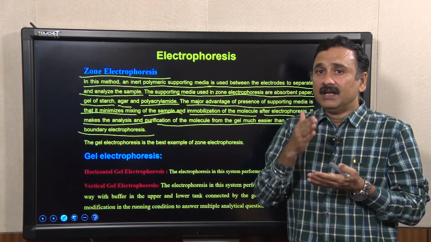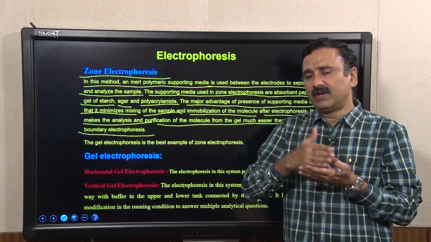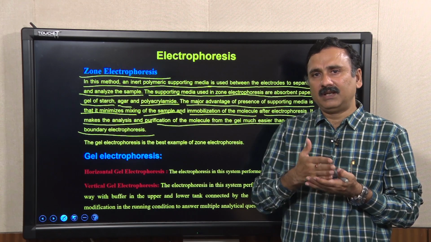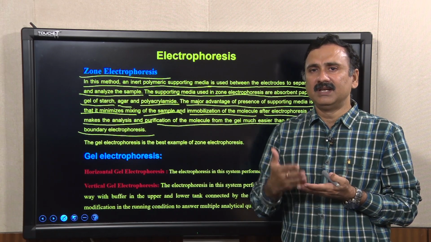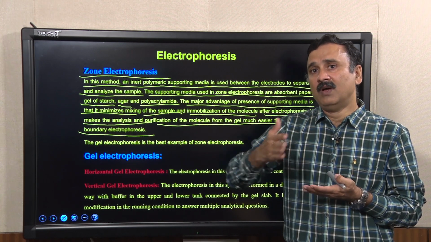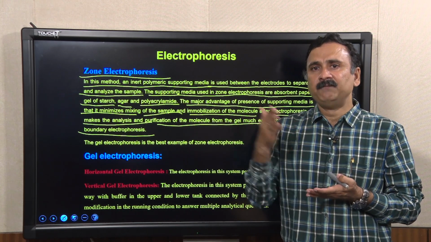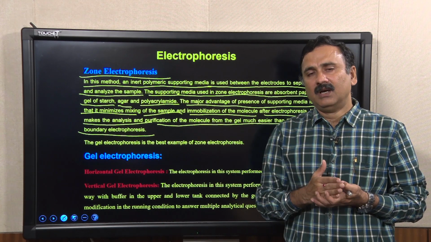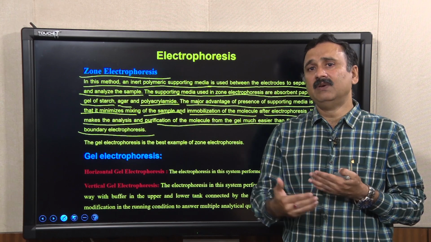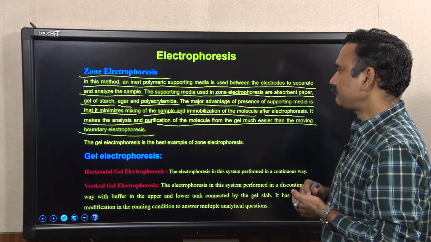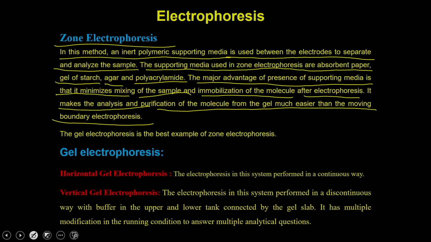Because of that, the molecules get separated and you can visualize them, because they are immobilized onto the supporting substance, and then you can stain and de-stain those supporting substances to know the pattern, and accordingly you can optimize the separation techniques and achieve better purifications.